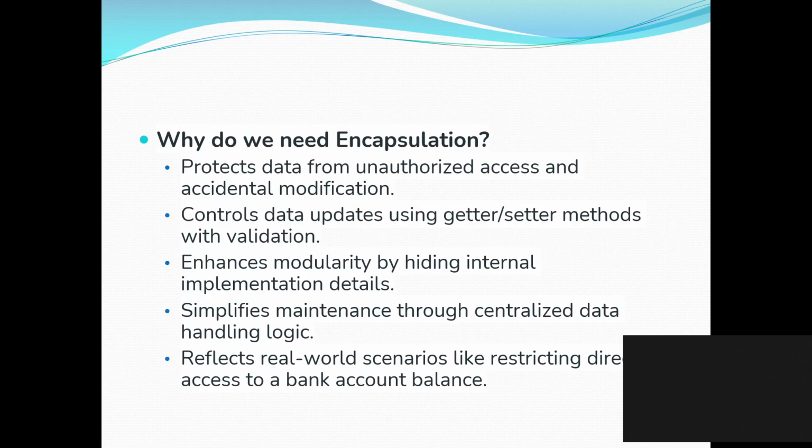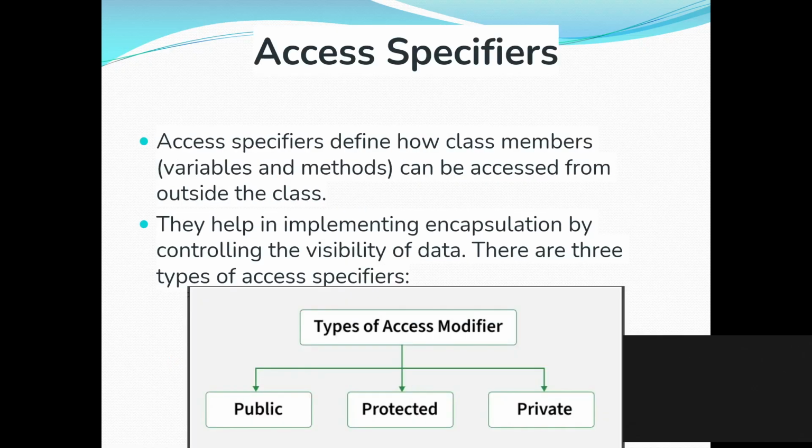No, right? Because it is in a single unit. This is how encapsulation works. It simplifies maintenance through centralized data handling logic. This reflects real world scenarios like restricting direct access to a bank account balance. There can be guests or many bank account owners, but an owner can only see his own bank balance, not anyone else's. This is how encapsulation works.